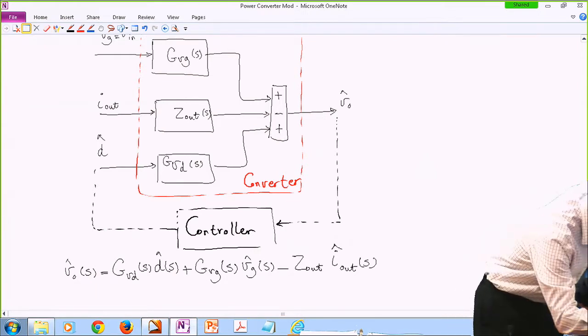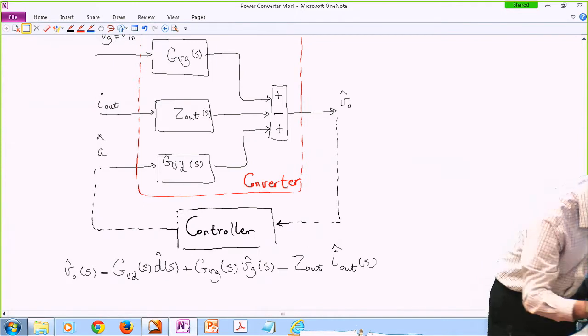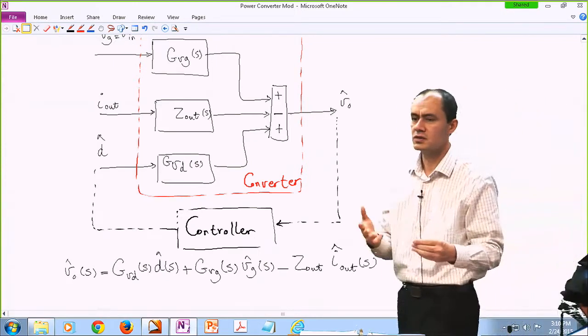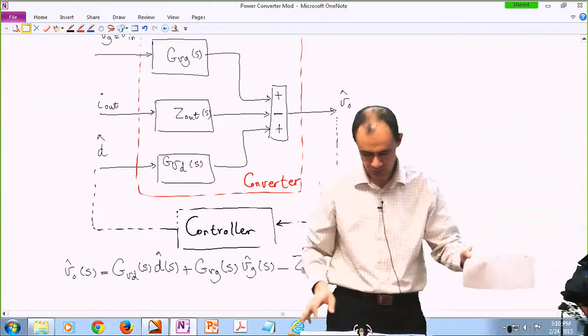And by the way, please note that there's a negative sign here. This is because we introduced a negative sign in the definition of Zout, and that's why we have to put this negative sign over here.